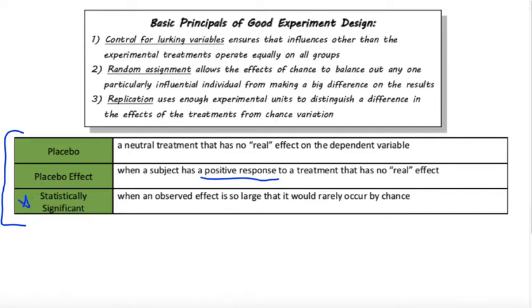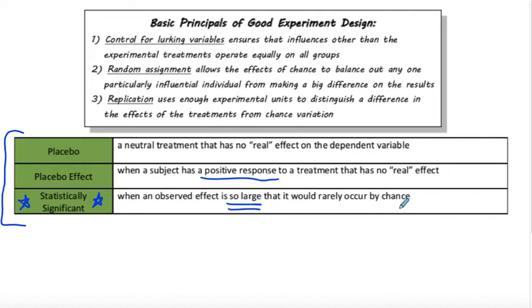And in the end, what we are able to do when we do an experimental design that's been set up and executed well is we can say our results are statistically significant. This is when the observed effect is so large that it can't be by chance alone.